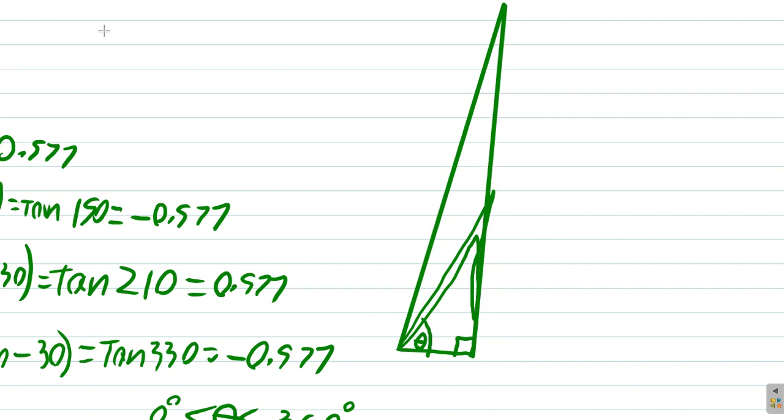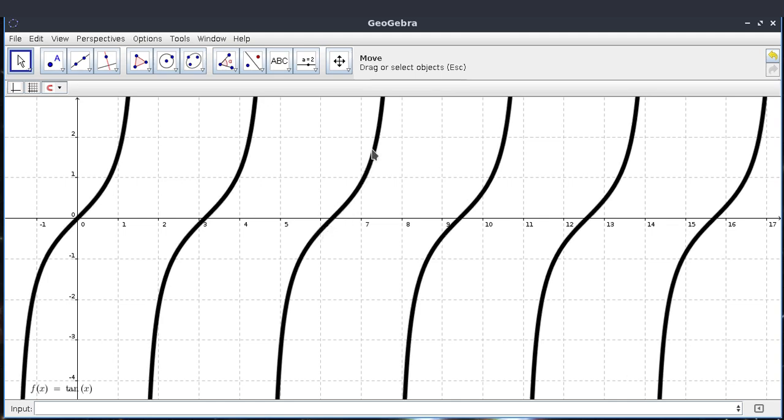So as the opposite gets taller and the adjacent remains the same, the answer gets larger, and theta gets closer and closer to 90. So you have these lines go up to positive infinity, these go down to negative infinity.